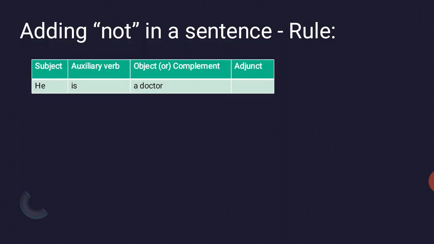So see that rule. Basically the sentence has a subject and auxiliary verb, or object or complement or adjunct, something else with it. For example, I have given the sentence, he is a doctor. The subject, you know, is he, and the auxiliary verb is, and a doctor is a complement, so the sentence is complete.